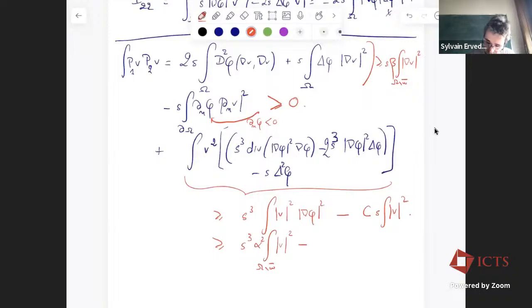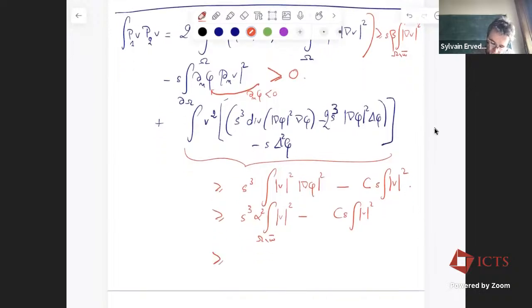So then, if you want it on, sorry, this is on omega minus omega bar, right? So if you want it on omega, you just have to remove another one on small omega.